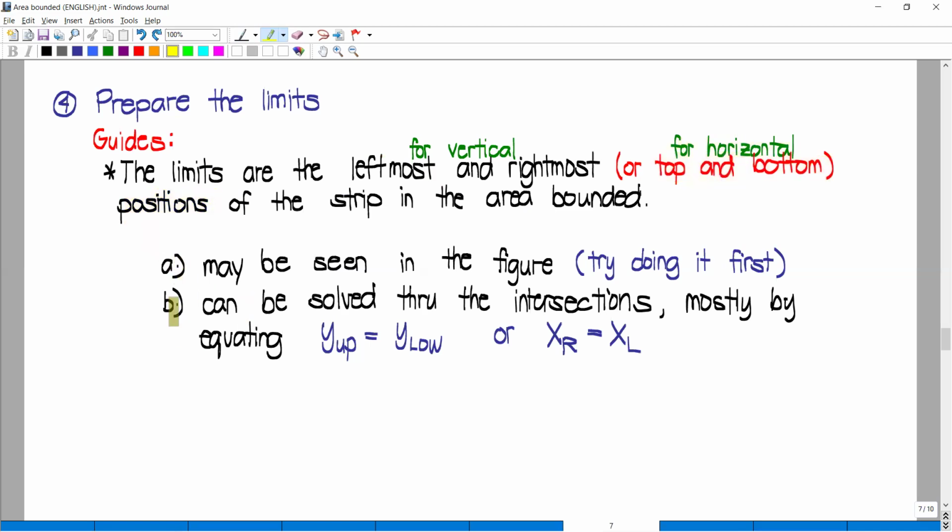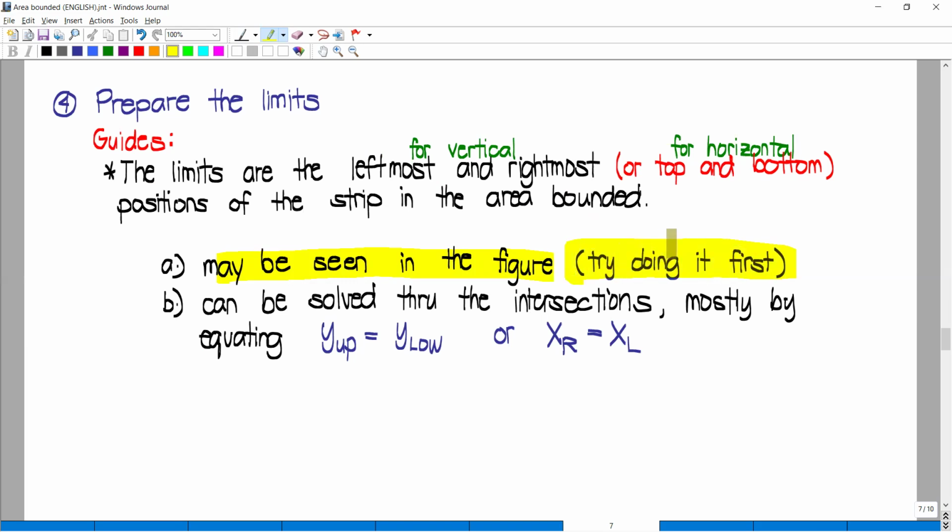And again, we have the guides here on how to get the limits. Letter A, the limits may be seen in the figure. That is, again, one importance of our figure, because sometimes the limits are already in the figure. So I suggest that we try to look first in the figure.